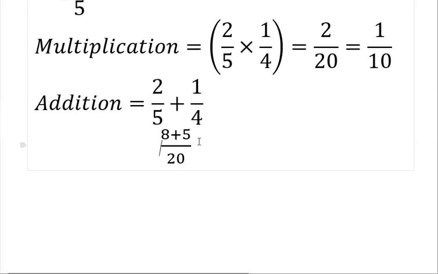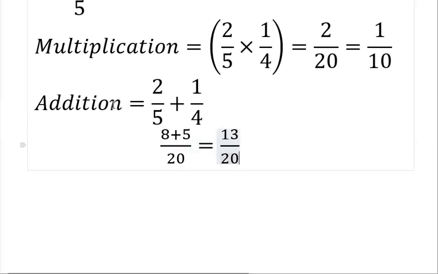So all you just need to do is to say 8 plus 5 will give you 13, all over 20. This is a proper fraction and it cannot be cut, so you can just leave the answer like this. Whenever you are adding, you need to be very careful. You will look for LCM.